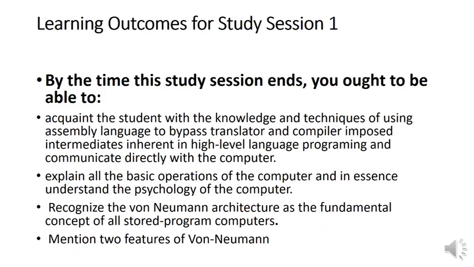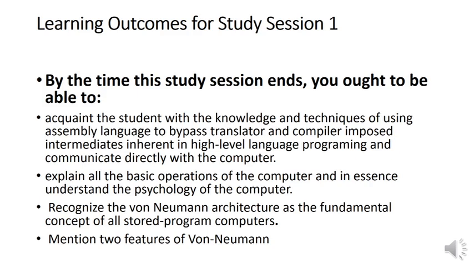The outcome that we expect at the end of this program is to acquaint the student with the knowledge and techniques of using assembly language by bypassing the translator and compiler-imposed intermediates inherent in high-level language programming, and communicate directly with the computer.